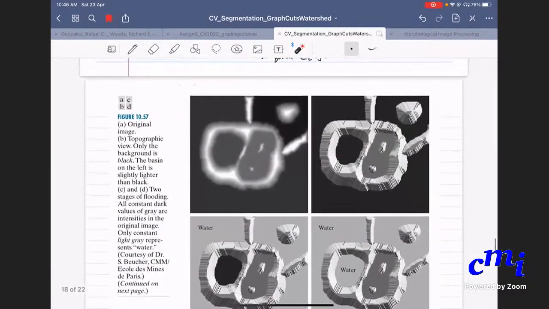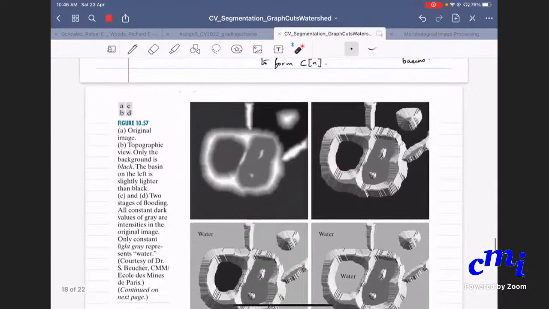So here, for example, if you were looking at level 0 and you wanted to look at the connected components, you would see 3 in the beginning, just 1, 2, and 3, because these are the minima.